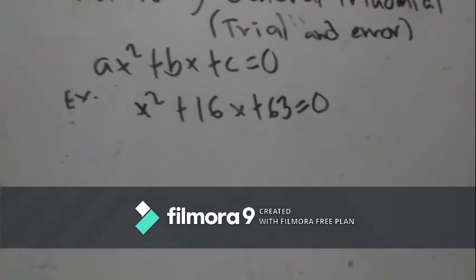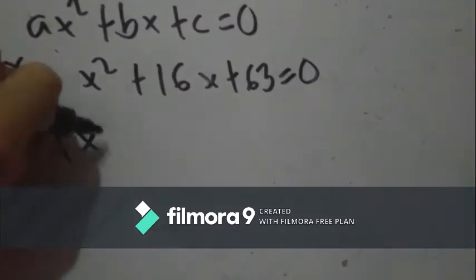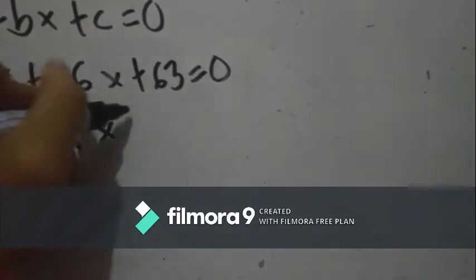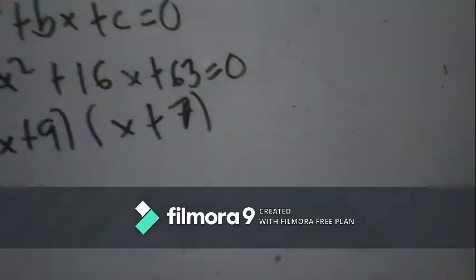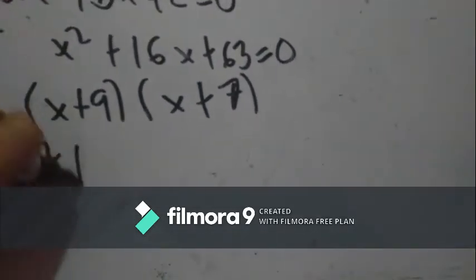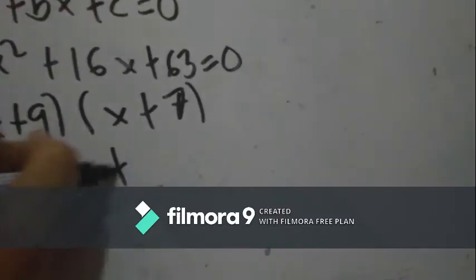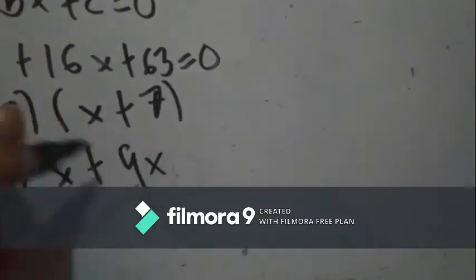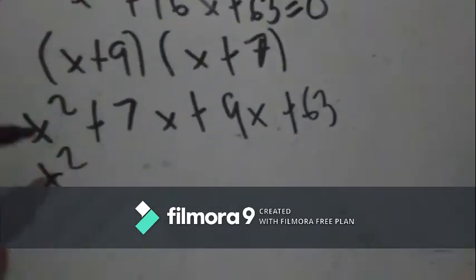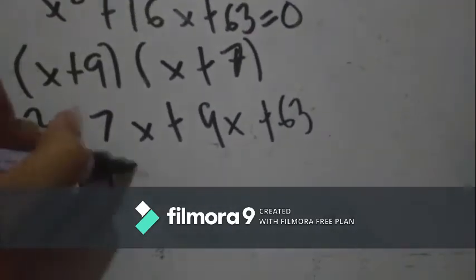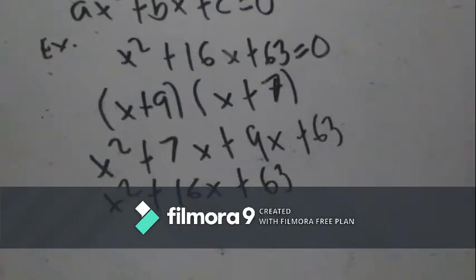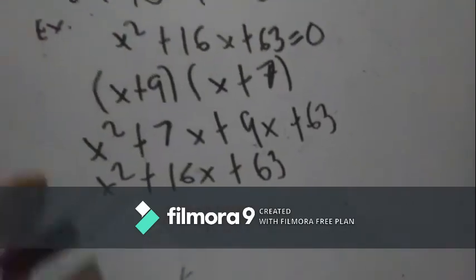So let's start the equation. x plus 9, x plus 7, so it will become x squared plus 7x plus 9x plus 63, x squared plus 16x plus 63. So as you can see, I get the correct answer.